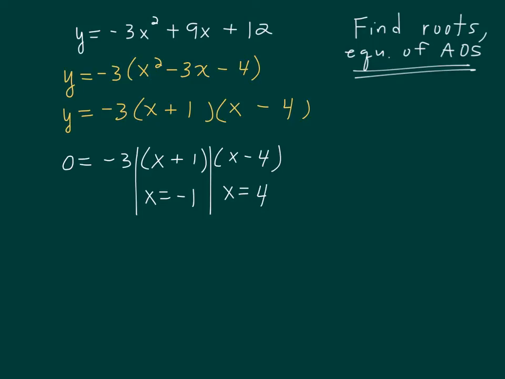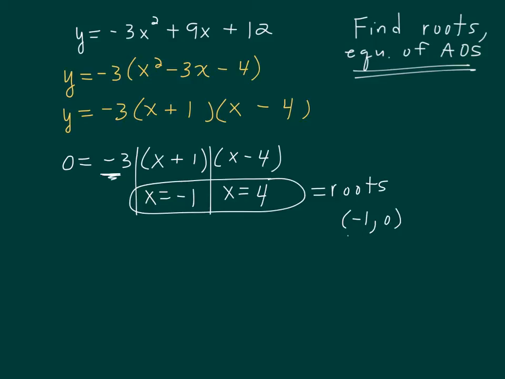This negative 3 here, if we were to try to set negative 3 equal to 0 and solve for x, do you see what the problem is? Hopefully you're thinking there's no x to solve for, so that is not going to produce an additional root. So our roots are at negative 1 and 4. Those are our so-called p and q values. If we needed the coordinates, we would write it like this.